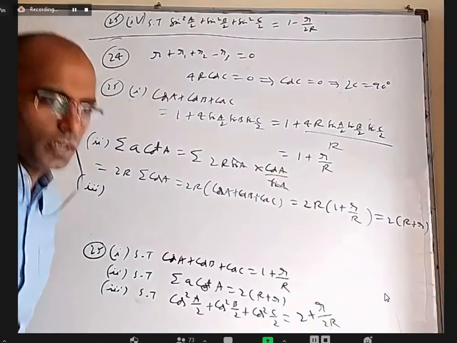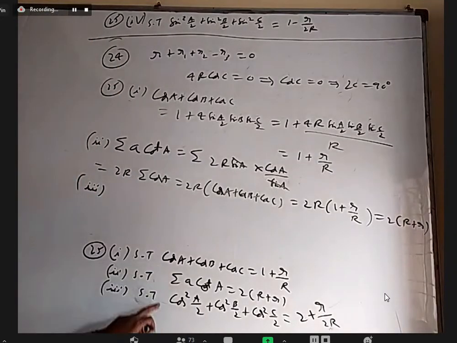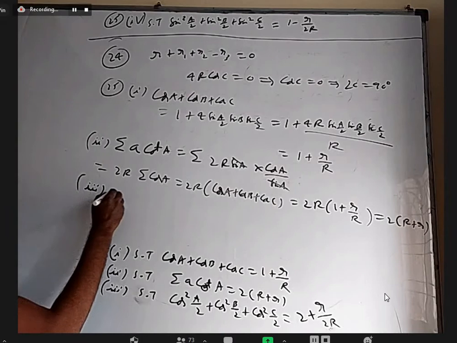Anybody want to give an idea how I can use Roman 1 result in Roman 3? Cos A equals 2 cos square A by 2 minus 1. So cos square A by 2, you can write as 1 plus cos A by 2. Yes, you're right.